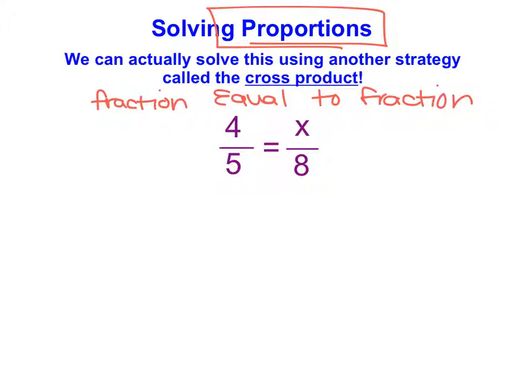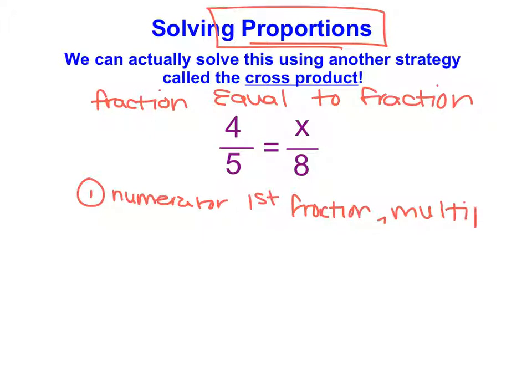Essentially what you do is you take the numerator in the first fraction and you multiply it by the denominator in the second fraction.